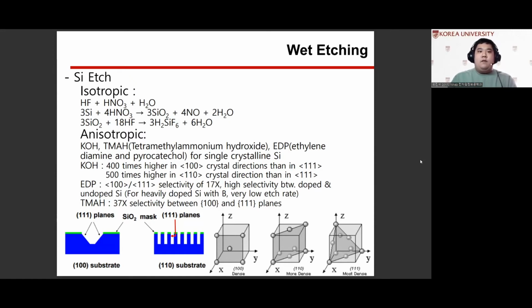When the wafers are made, the orientation of the crystalline structures is also really important for a better etching process.